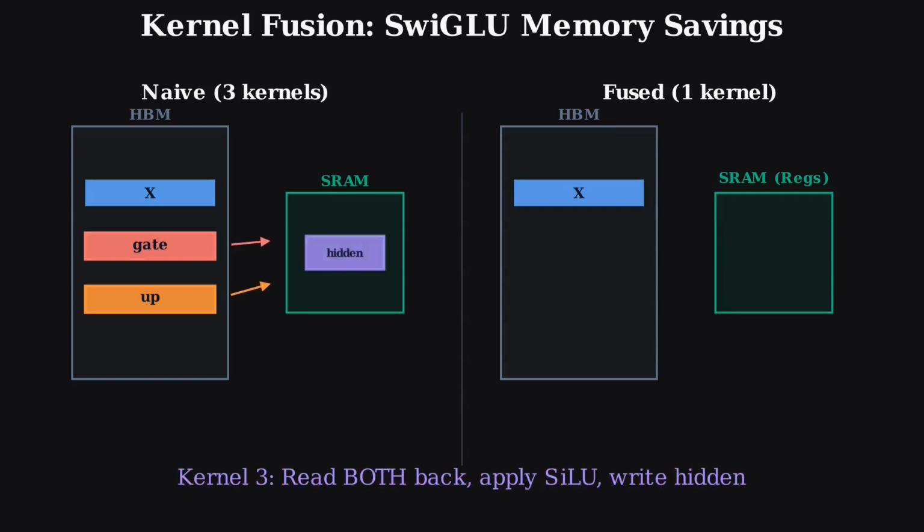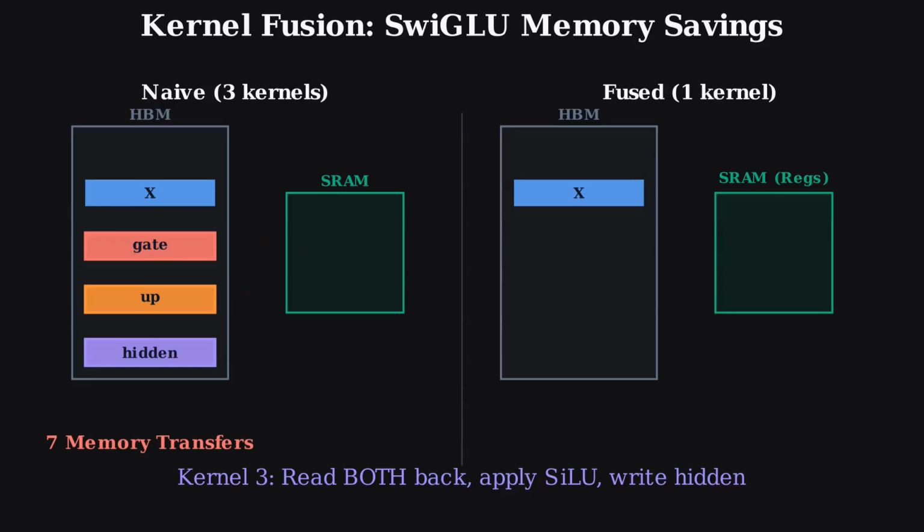The third kernel reads both intermediate results from HBM, applies SiLU and the element-wise multiply, and writes the final output. That's 7 memory transfers total. You are paying for 5 unnecessary round trips to main memory just to communicate between kernels.